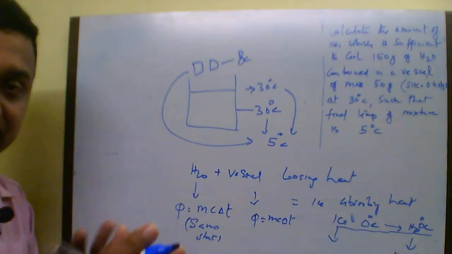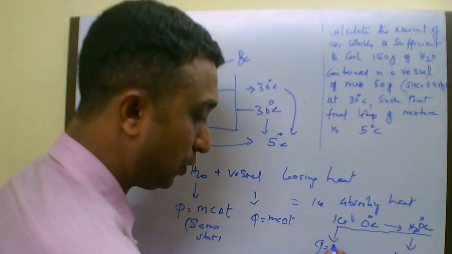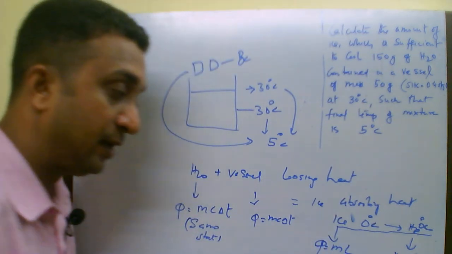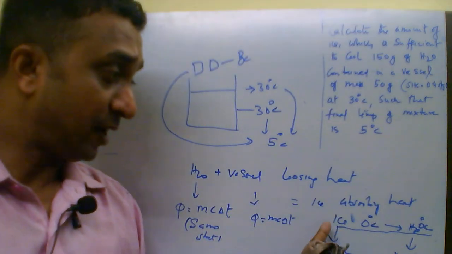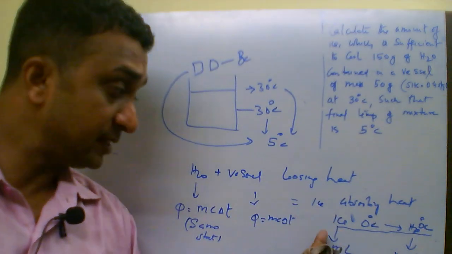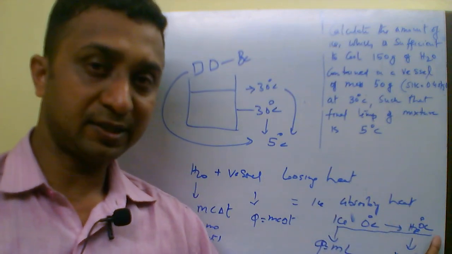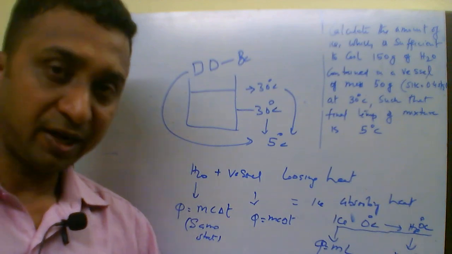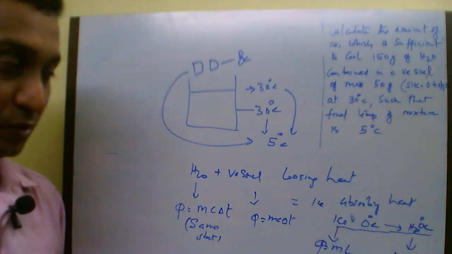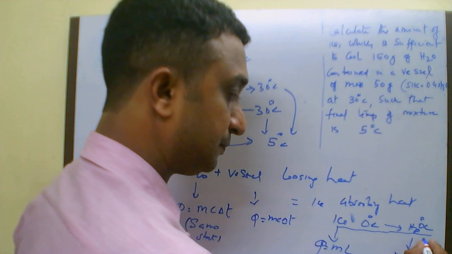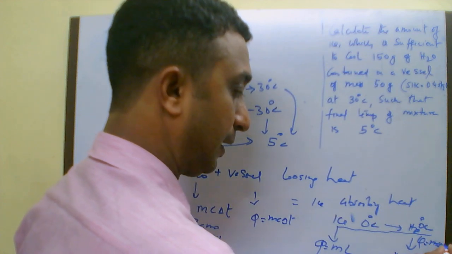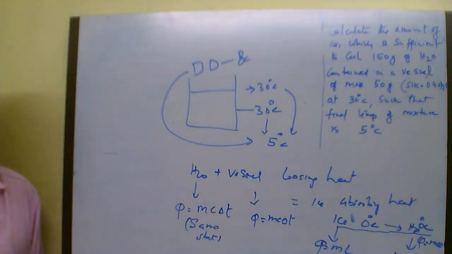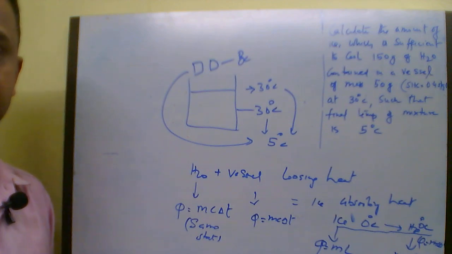It is a change of state, so you should use Q is equal to M into L. Once the ice gets converted into water at 0 degrees Celsius, and then that water absorbs heat to reach 5 degrees Celsius, which equation will you use? You will use Q equals mc delta T. Is that logic clear?